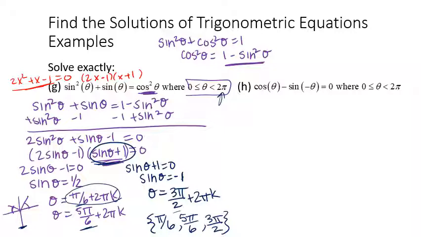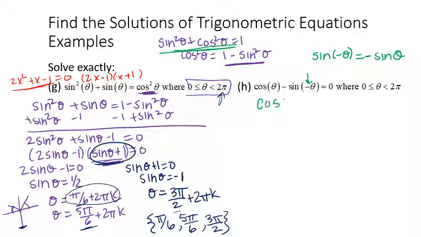All right, looking at this next one. Uh-oh. I've got cosines and sines, and none of them are squared, so I can't use this beautiful trig identity. Okay, so let's think about things. The first thing I'm going to deal with is I don't like this negative inside the sine function. We do know that I can pull that negative out in front because the sine is an odd function.